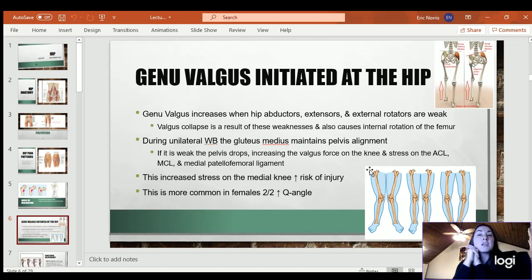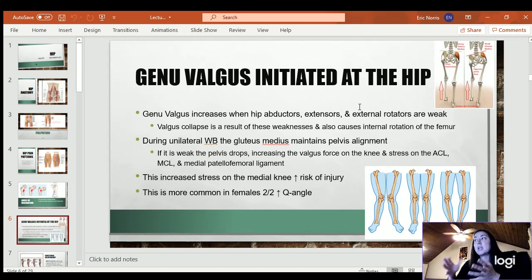The other thing that can do this, maybe if it's not a true deficit, they have a normal angle of inclination at the head and neck of the femur, then it could also be from muscle weakness, specifically the gluteus medius. So any weakness in the muscles that do abduction, extension, and external rotation, if those muscle groups are weak, then it causes the hips to collapse in.